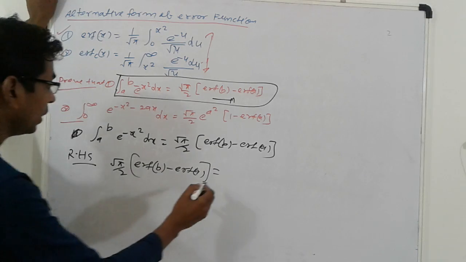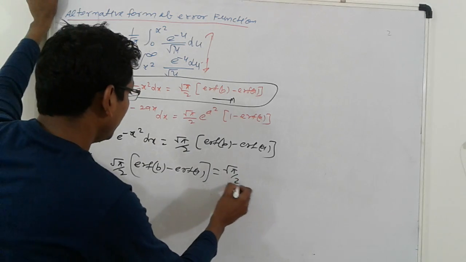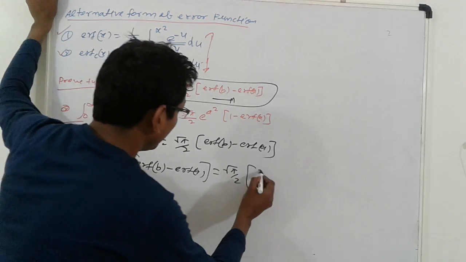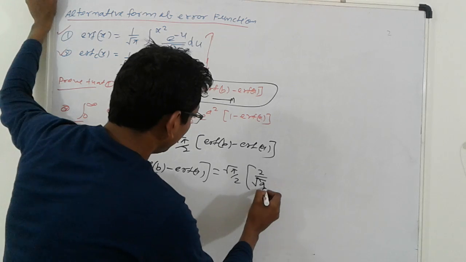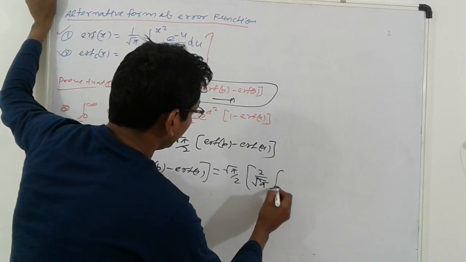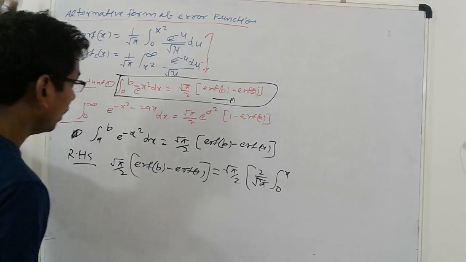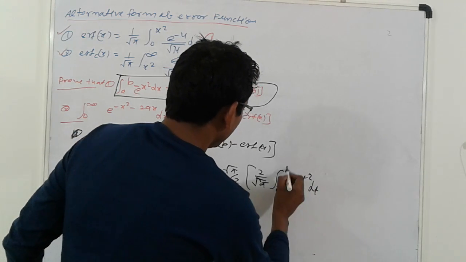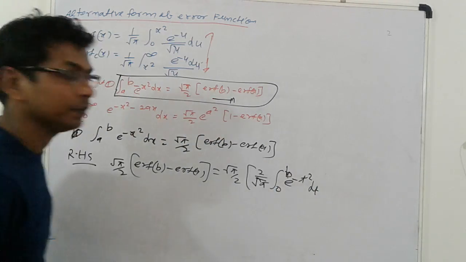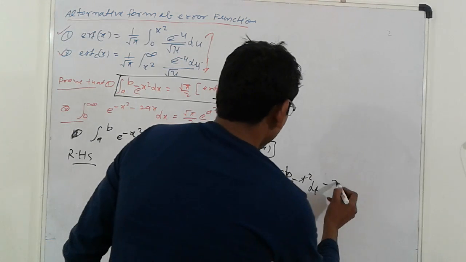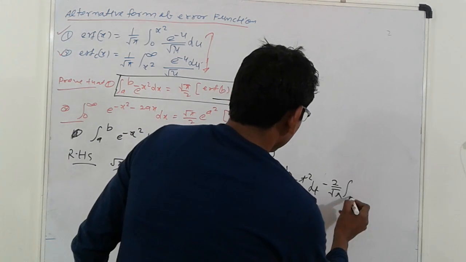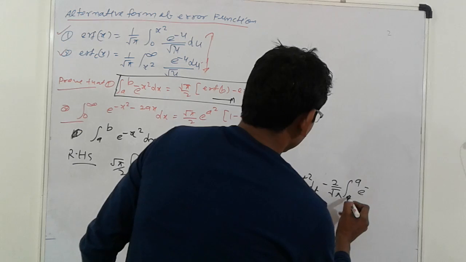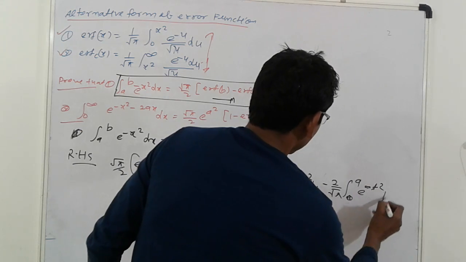Write down this value, under root pi by 2 into 2 upon under root pi integral 0 to b e raised to minus t square dt, and minus 2 upon under root pi integral 0 to a e raised to minus t square dt.